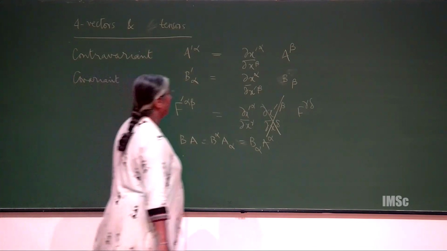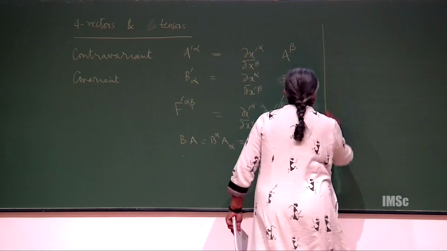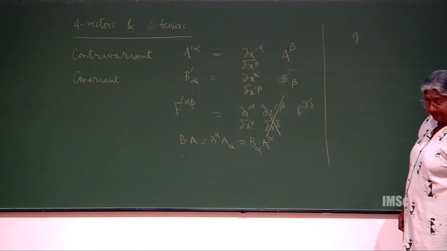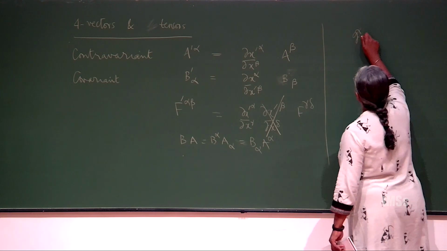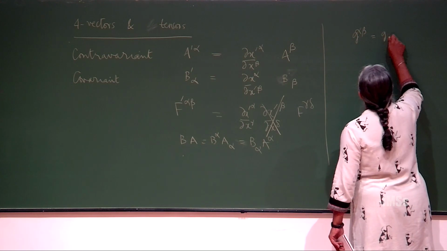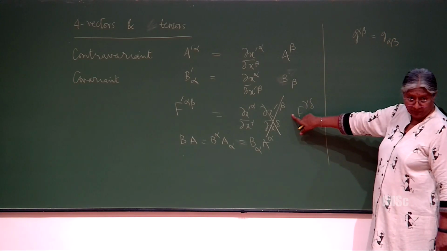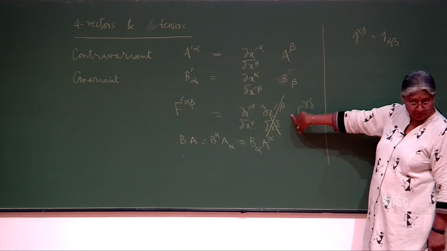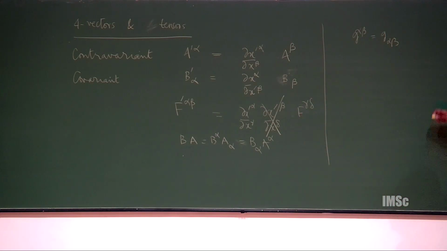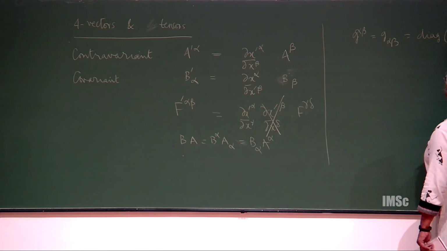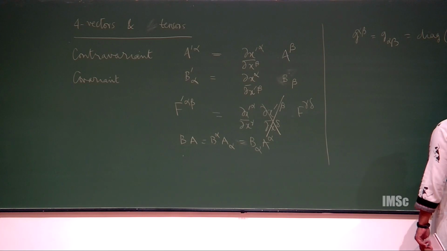That was because, if you remember, I showed you that I have a special object called the metric tensor G alpha beta, which is the same as G lower alpha beta, which you can simply check from this definition. Check that G upper alpha beta and G lower alpha beta are the same, and this is equal to the diagonal matrix of 1, minus 1, minus 1, minus 1.